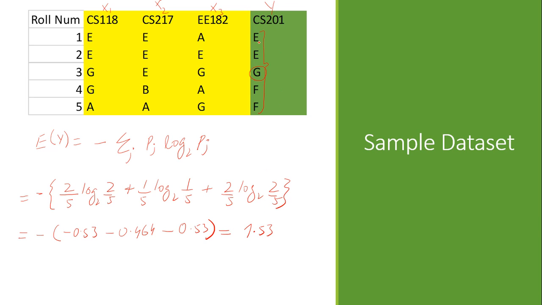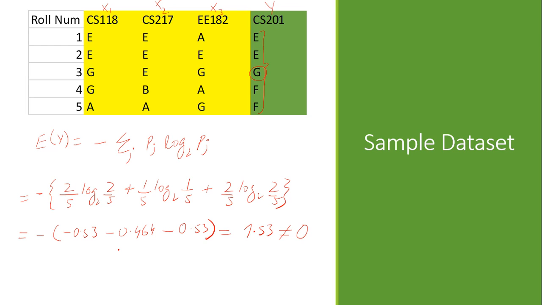So clearly, the data was impure here. There were different values in the column. So it's 1.53, which is not equal to 0. Had I had the same value in the entire column, then the entropy would have been 0. But there are different values in the column, so the entropy is something, and the measure is 1.53.